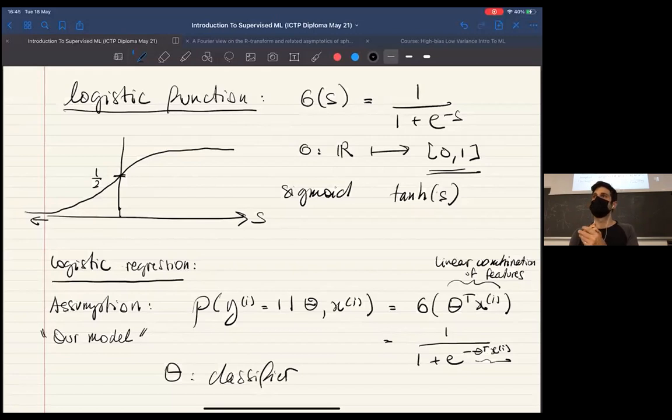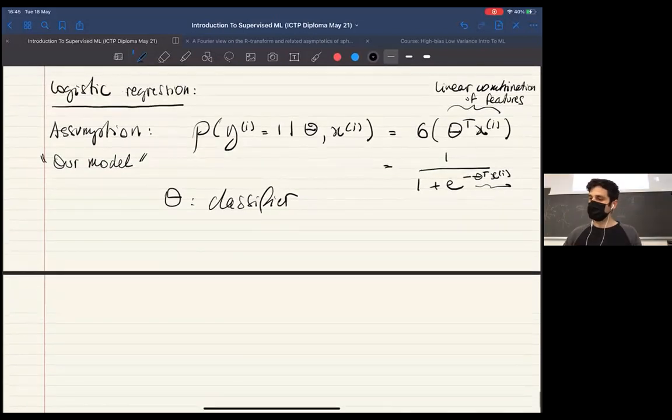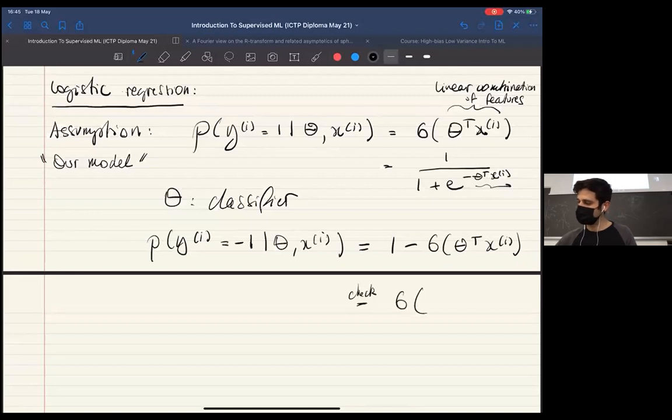It's clear? So, of course, by normalization, the probability that the label is -1 is just 1 minus this one. And you should check that this is also the same as the sigmoid applied to minus this inner product.